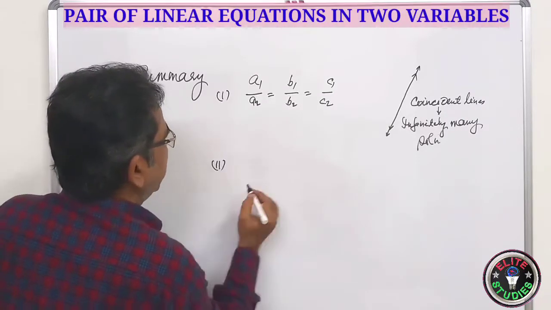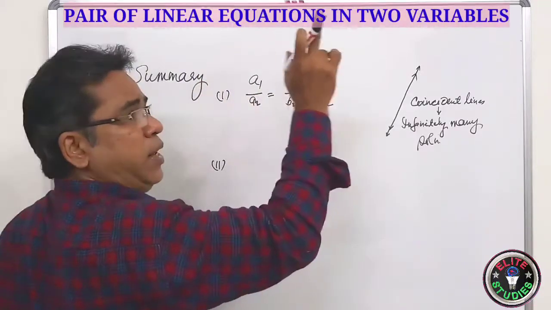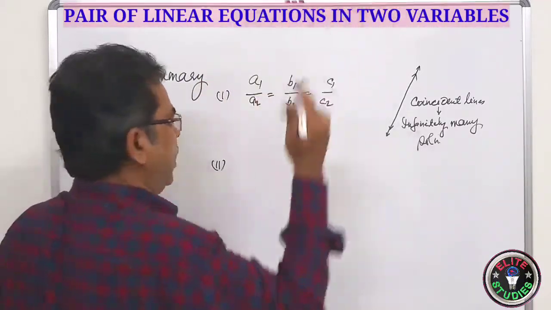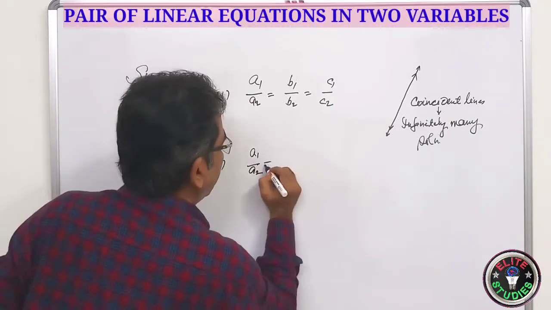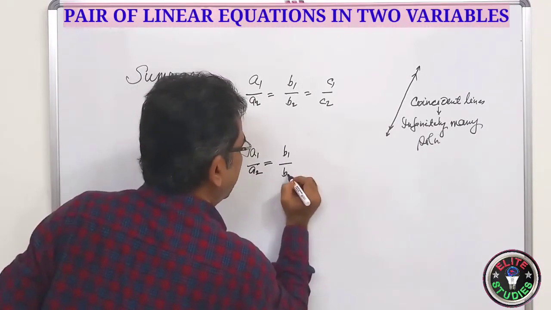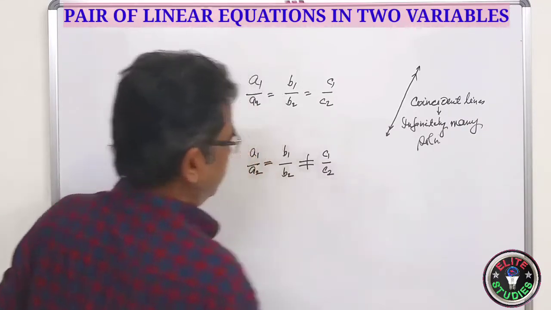Condition 2: here we have multiplied a1 and b1 with the same number but not the c1. So what you will get here is a1 by a2 equal to b1 by b2 but not equal to c1 by c2.